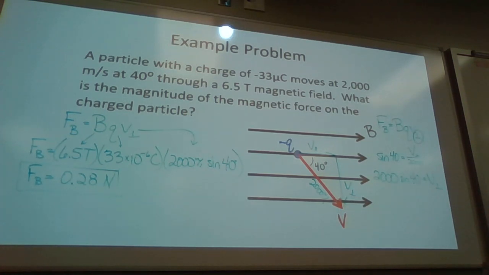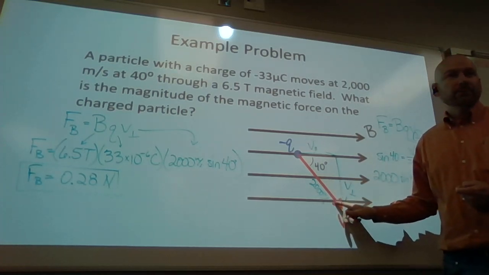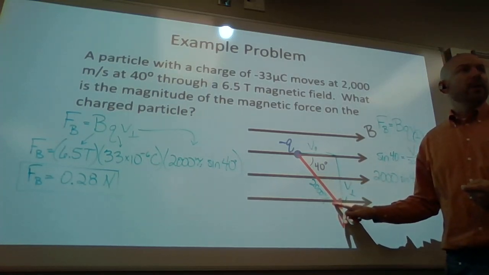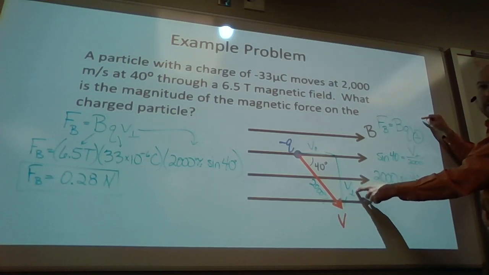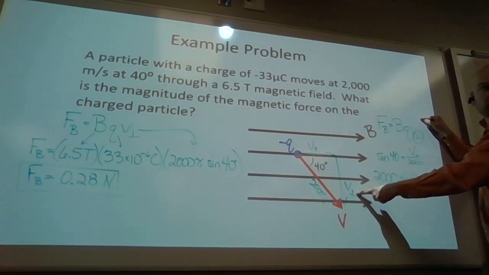To answer this question correctly, listen to this. Ready? Do not stick your thumb in the direction of the red arrow. Stick your thumb in the direction of the perpendicular component of velocity.